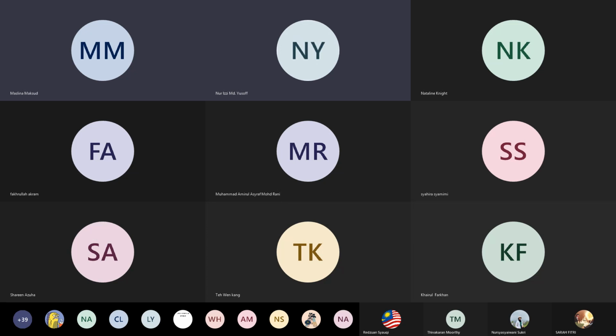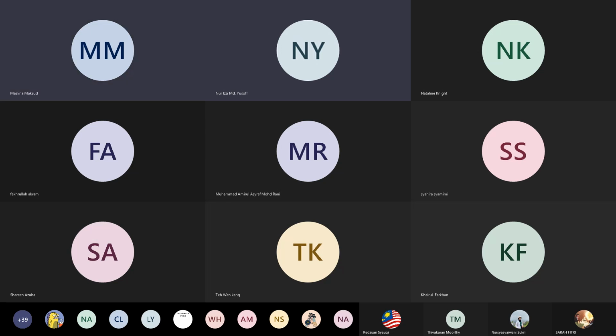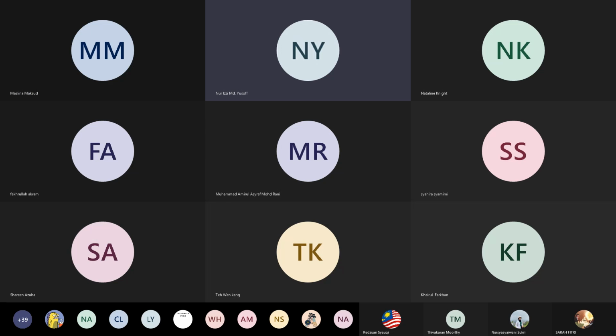So the first existing intersection tu, kita consider that is the first critical junction for our development. Menjawab tak? Okay.